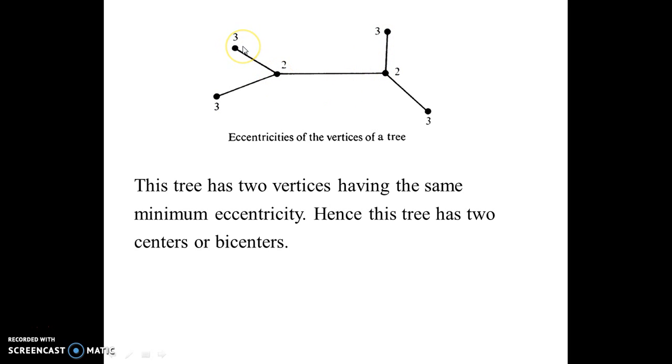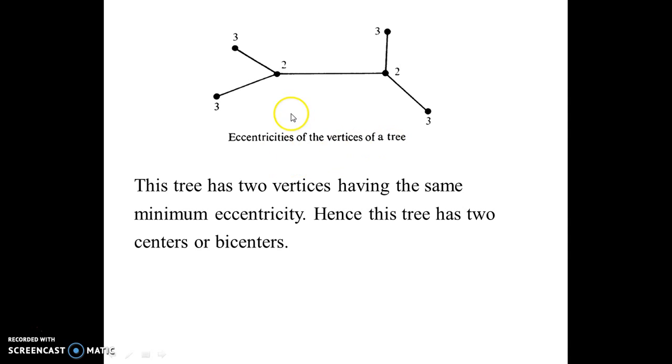Also, the distance from this node to this node is 3, because the path length will be 3. Hence, the maximum distance for this node is 3. So, the eccentricity value is 3. Similarly, we can compute the eccentricity for the other vertices also.